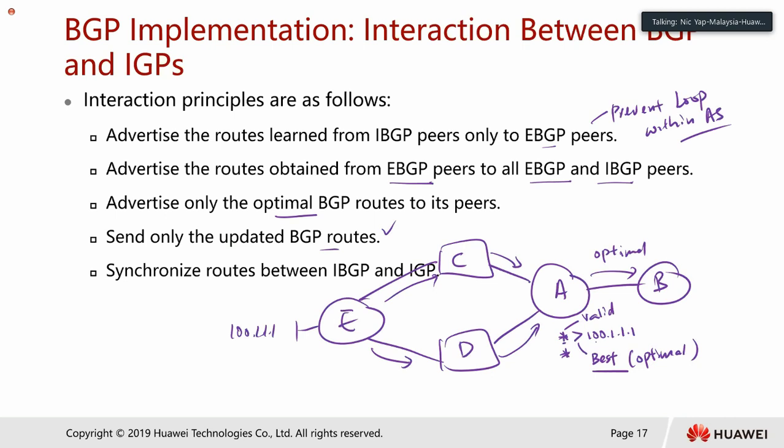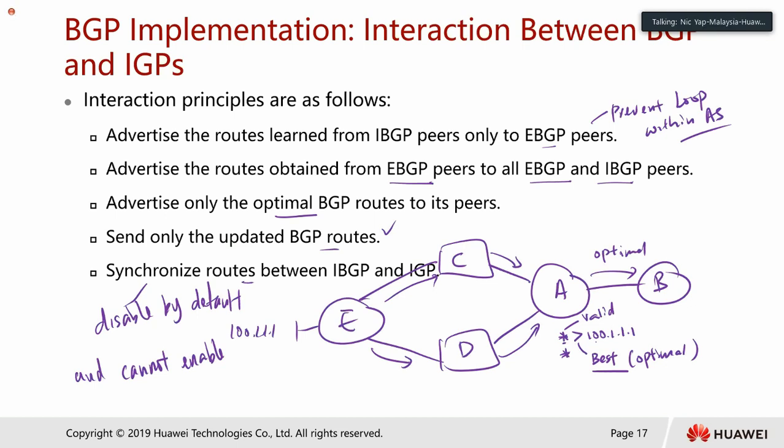And the last one is synchronization between iBGP and IGP. This function is disabled by default and cannot be enabled.